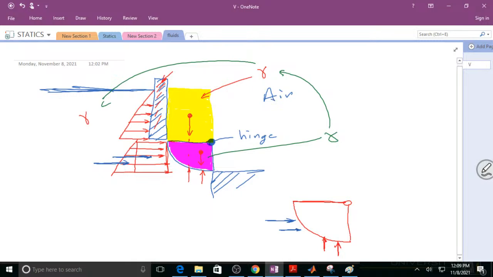The gate doesn't weigh anything, so the sum of the forces in the X will tell you that has to offset those two. And the sum of the force in the Y will tell you this one has to offset these two. And so did it ask?